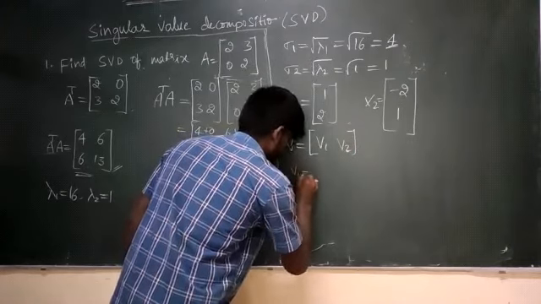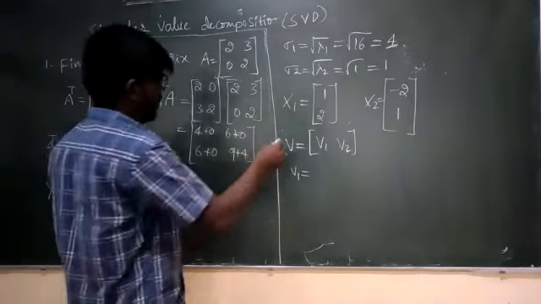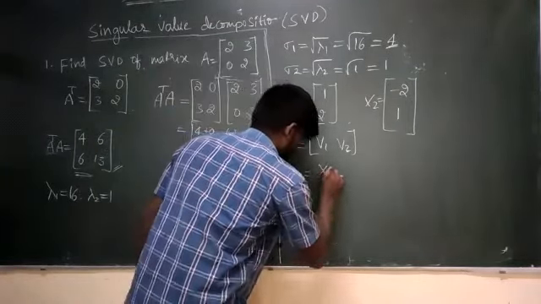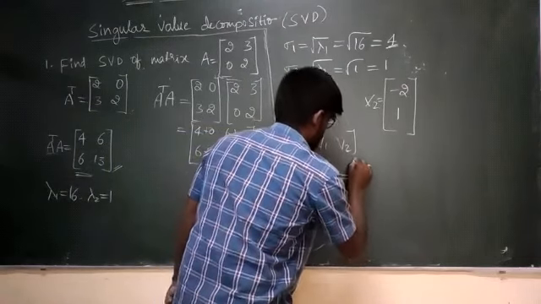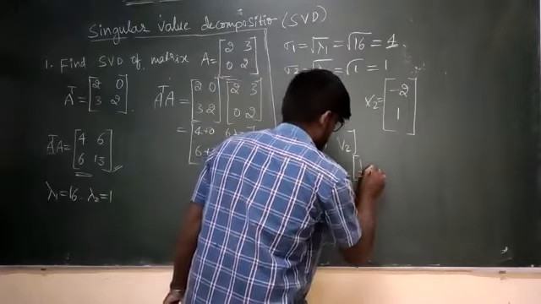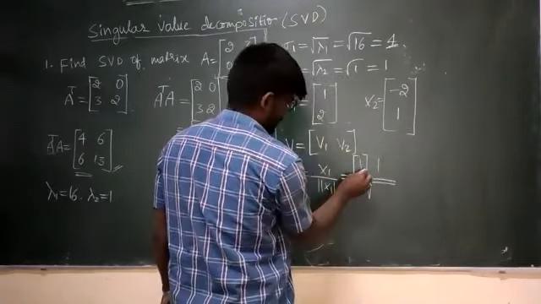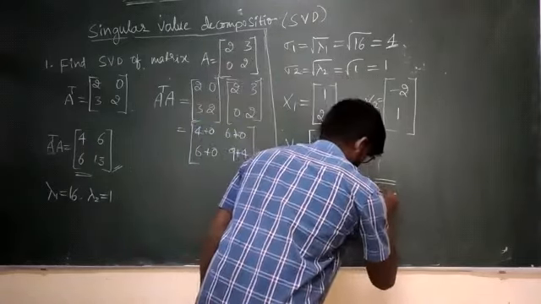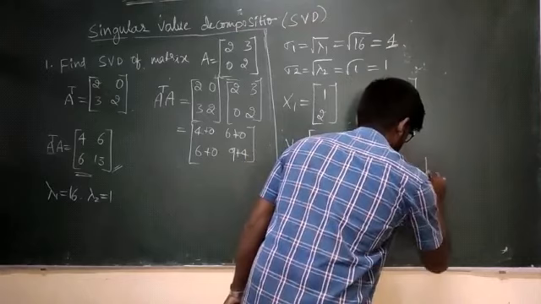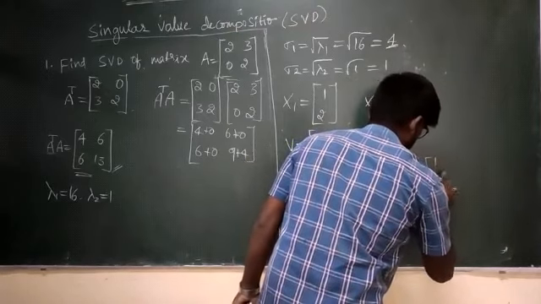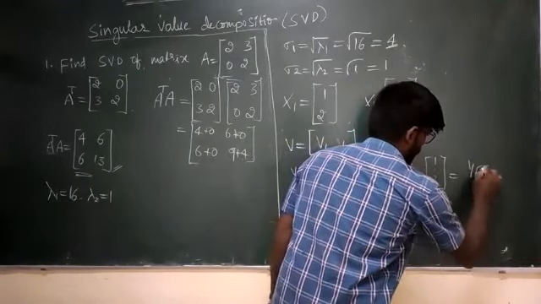For V1, we have the eigenvector x1 divided by the norm of x1. x1 is 1, 2, and the norm of x1 is root of 1 squared plus 2 squared, which is root 5. So V1 is 1 by root 5 and 2 by root 5.